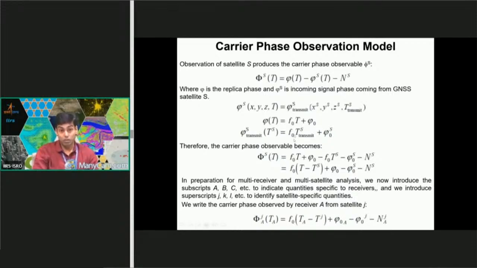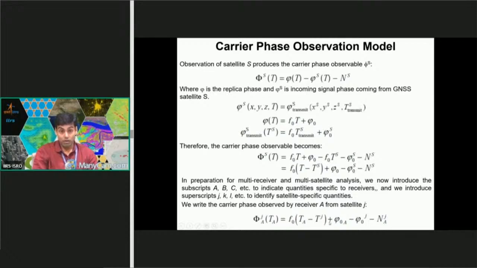When we put this formula into the above formula, we will get an equation like this. We keep some subscripts and superscripts: the subscript for the receiver, and the superscript for the satellite.